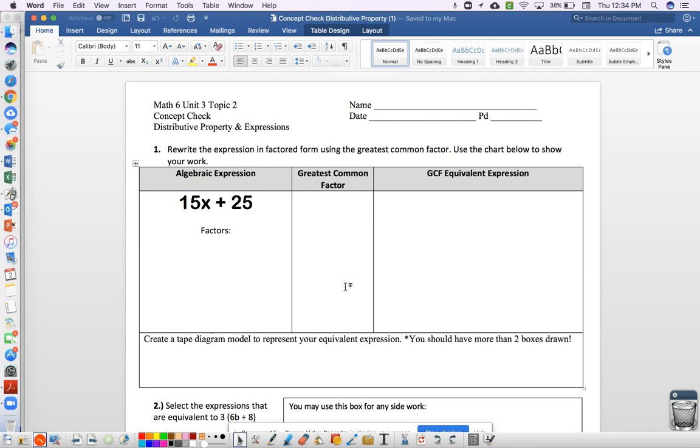If you still have this concept check in your binder, it would be super helpful if you could get it out. If you don't have it out, that's fine. Instead, I would suggest that you just write down the work that I'm writing down along with me, okay? So if you have this paper, it would be really good to look at your work and compare it to what I'm writing.